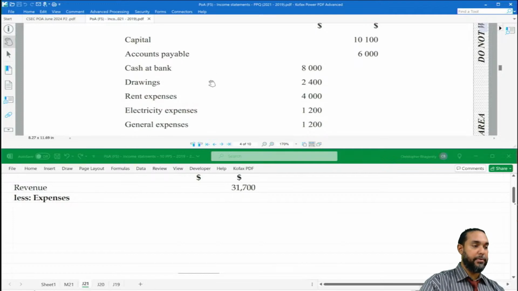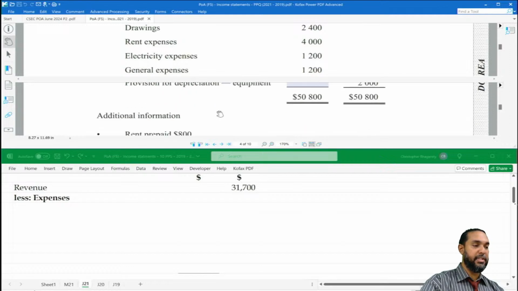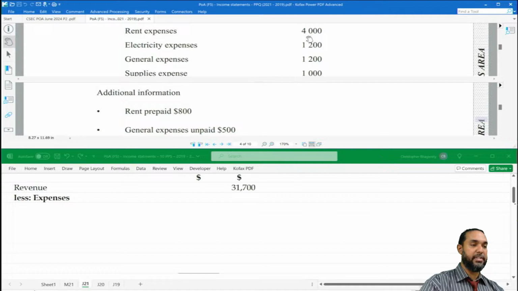So capital, okay, so rent. We need to see what is done. The first expense we have is rent. Rent says 4,000 and there's additional information: rent prepaid. If something is prepaid, what does that mean? You paid extra, you paid in advance.